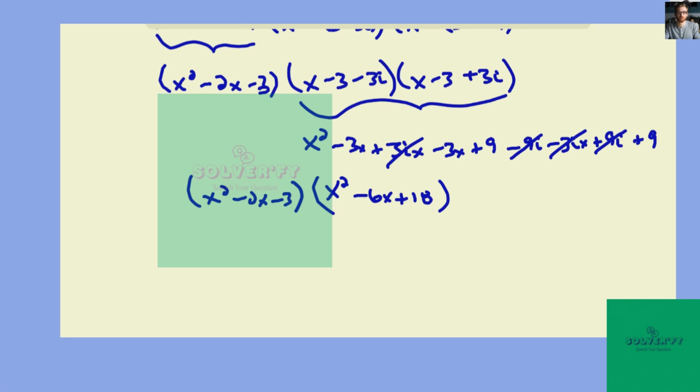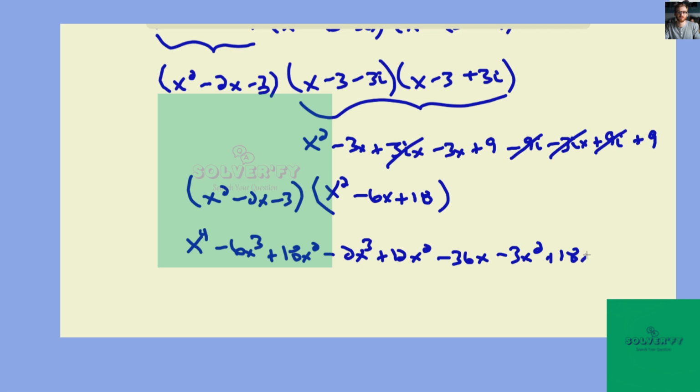Now distribute the x squared, we get x to the 4th minus 6x cubed plus 18x squared. Distribute the negative 2x, you get negative 2x cubed plus 12x squared minus 36x. And then distribute the negative 3, you get minus 3x squared plus 18x minus 18 times negative 3 is negative 54.